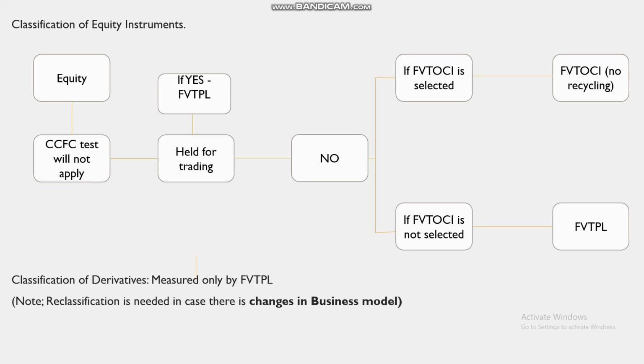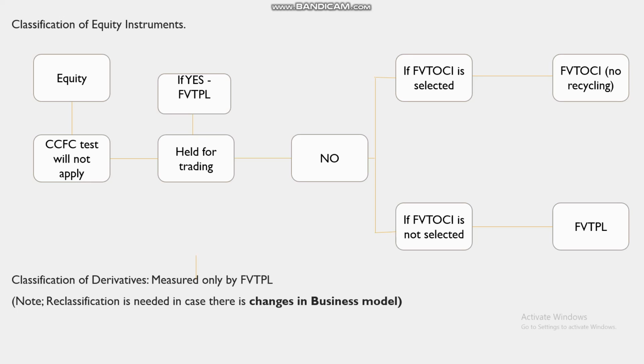Okay. If fair value through other comprehensive income is not selected, then we need to go for fair value through profit and loss account. Fine. So this is about the equity instruments. The derivatives are measured only at fair value through profit and loss account. So the derivatives classification is even simpler.